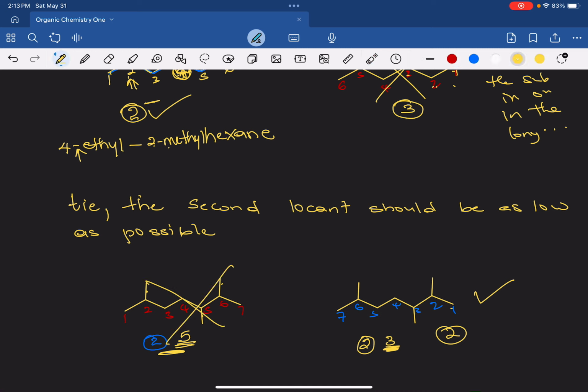So how do we name this? We have 7 carbons in our longest chain. So 7 is heptane, right? All carbon single bonds. And then, which my next slide will take care of, when you have the same substituents, we're going to do a little thing quick here. So you have a substituent on 2, you have one on 3, you have one on 6. They're all the same. They're methyl groups, right? Remember, you must locate every single substituent. So here it's going to be 2, I have another one on 3, and I have another one on 6.